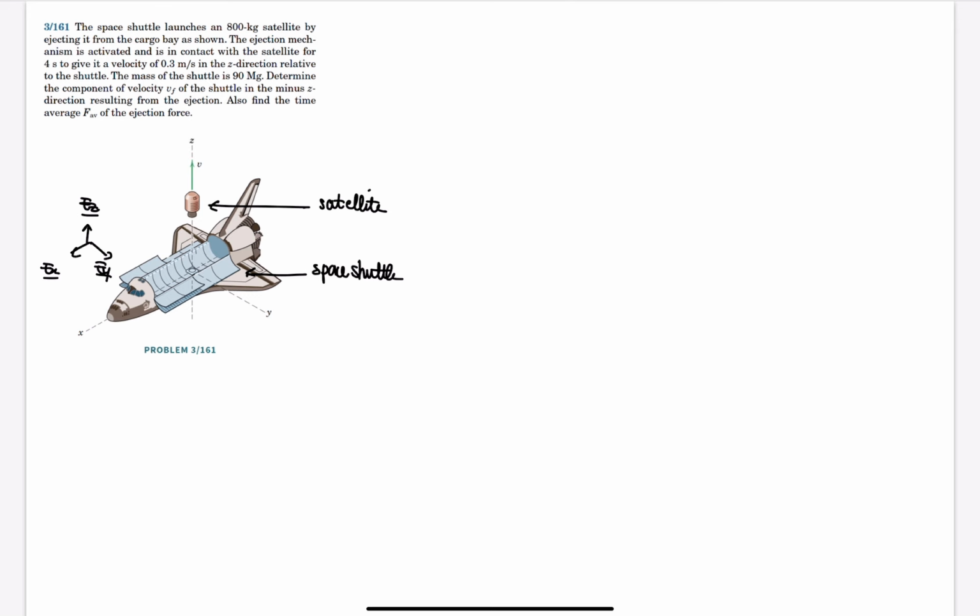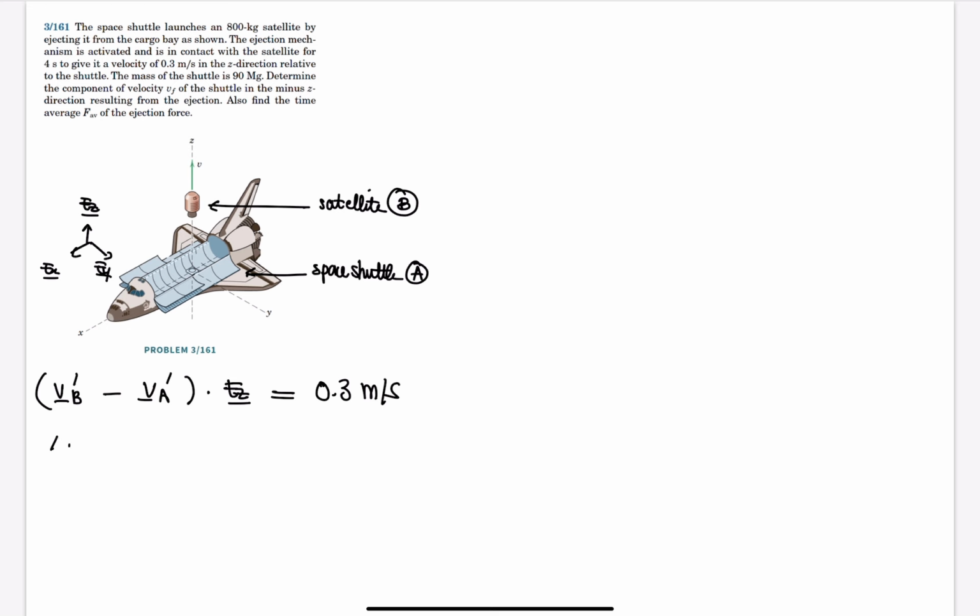Okay, so here we have two bodies. Let me name them body A and body B so that I don't have to keep writing space shuttle and satellite. Again, we were given that the velocity of the satellite minus the velocity of the shuttle, which I'm going to call prime because that's post-ejection, along the vertical, dot ez, is equal to 0.3 meters per second.